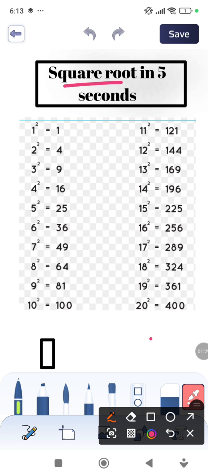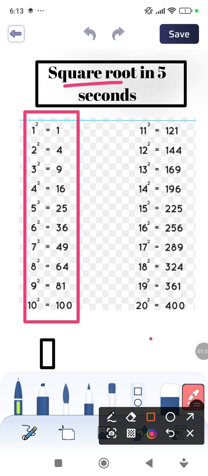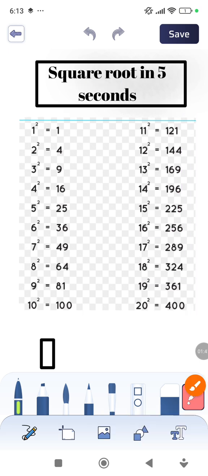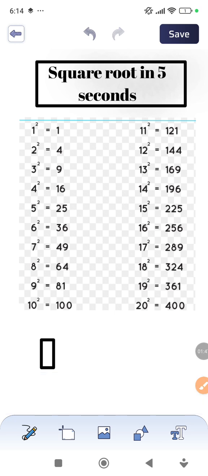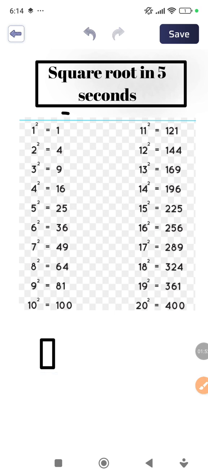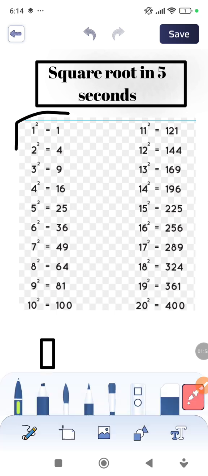For this, firstly, you need to understand a table I have over here, which shows the squares of the first 1 to 10 and then from 11 to 20. These are the most important ones which you have to learn. So just understand it very carefully. If I zoom in, you can see that the square of 1 is 1.